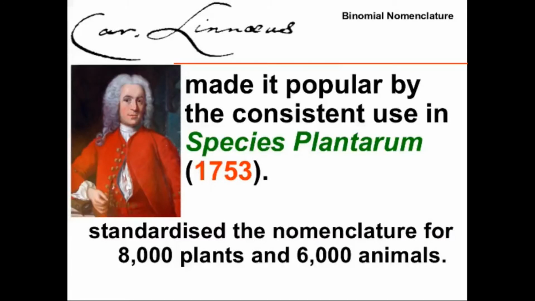He is a great scientist. He standardized the nomenclature for more than 8,000 plants, 6,000 animals, and many minerals. He himself considered that God had created all the things on this earth, and deputed him to arrange them properly and name them properly. That was his magnanimity or greatness.